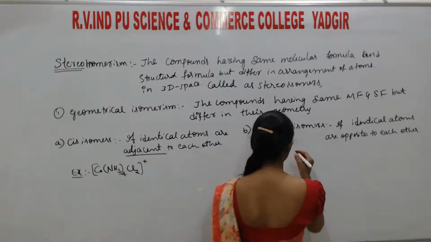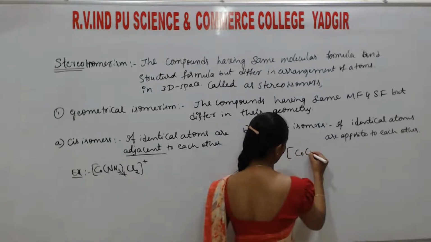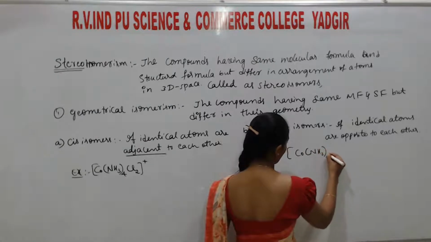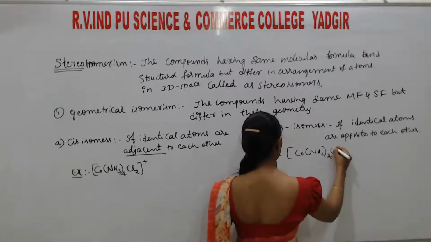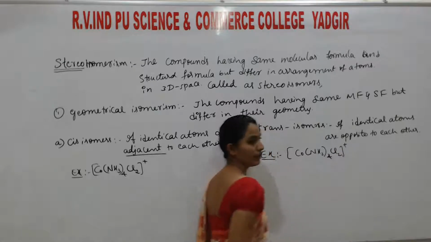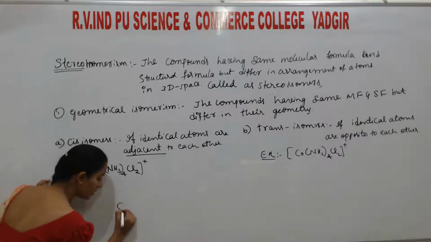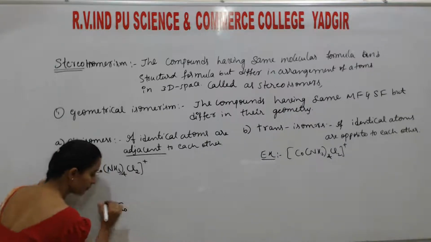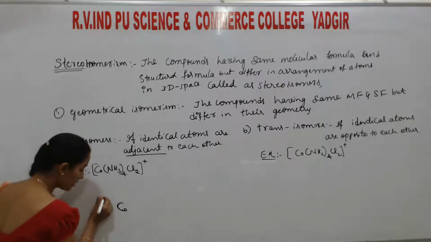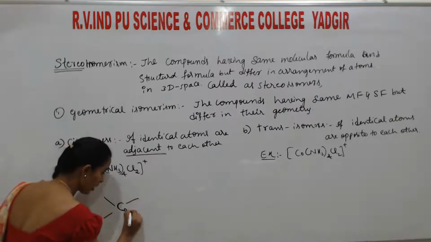Here also same, Co(NH3)4Cl2 plus. So listen students, here the central metal atom is Co. So it is in octahedral shape.